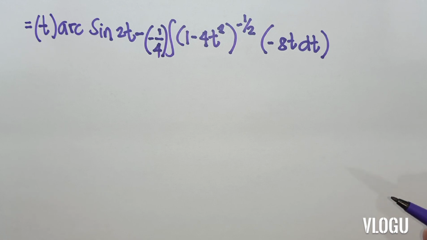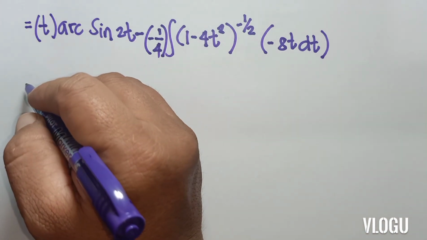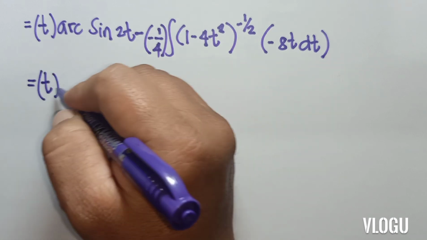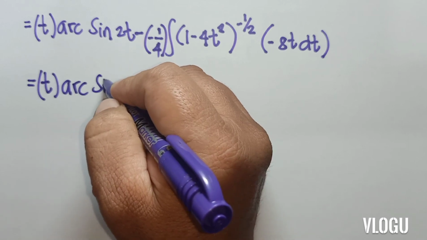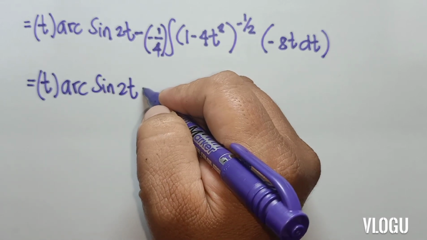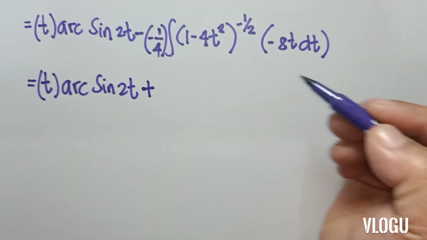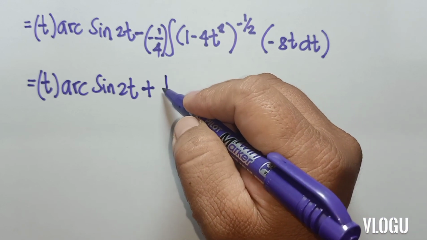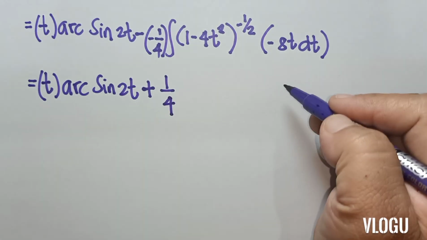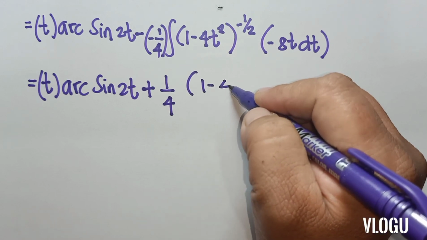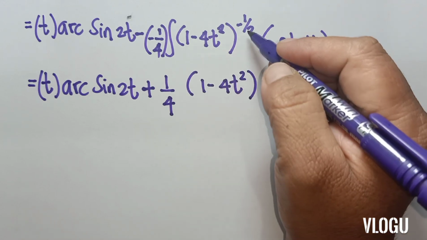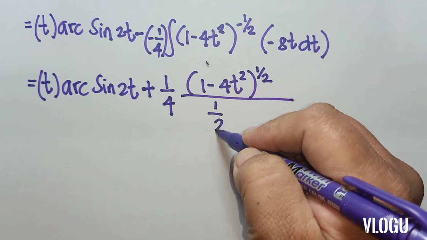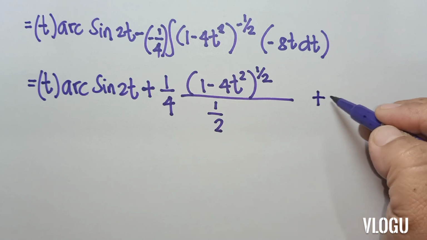Therefore, integrating, we have t arc sine 2t plus 1/4 times (1 minus 4t squared) to the power of negative 1/2 plus 1, positive 1/2, over positive 1/2, plus c.